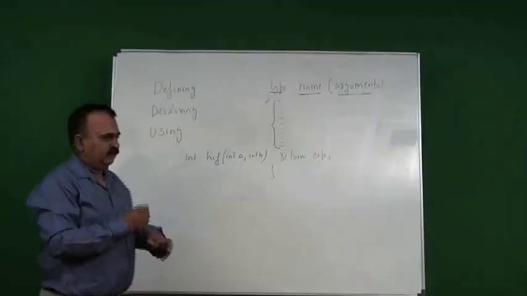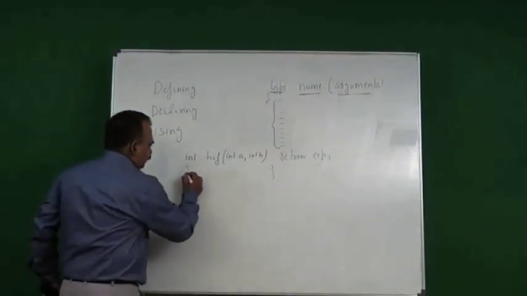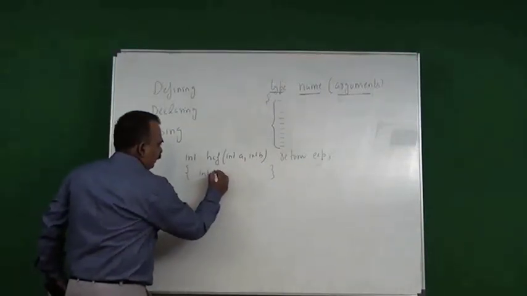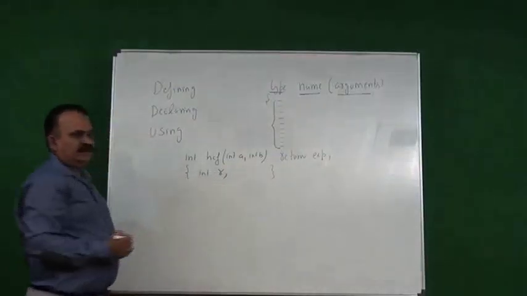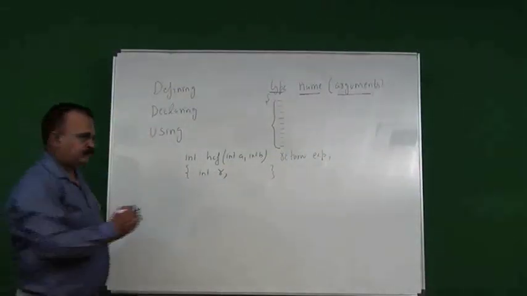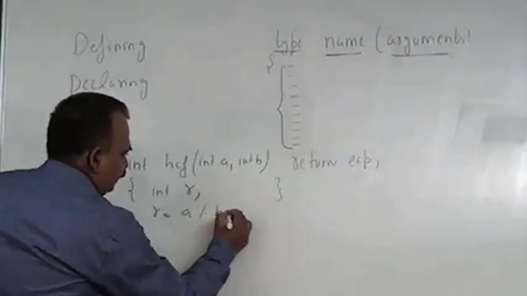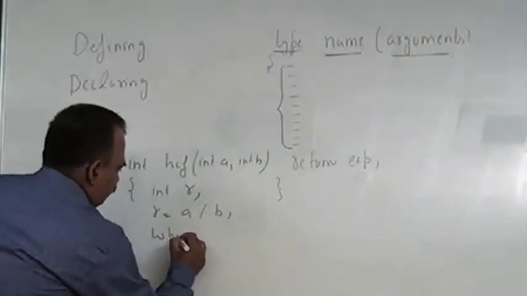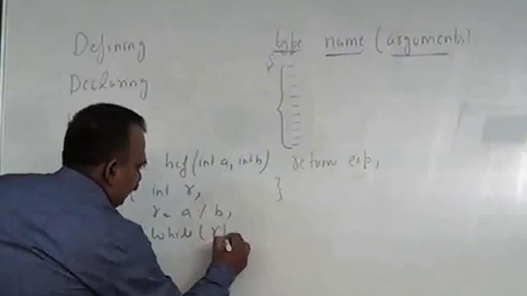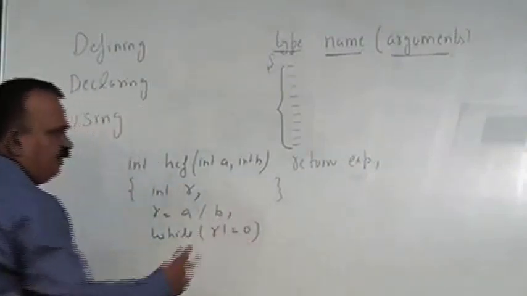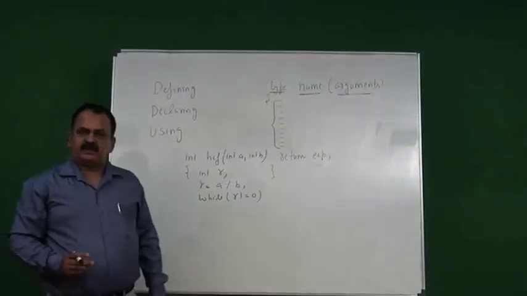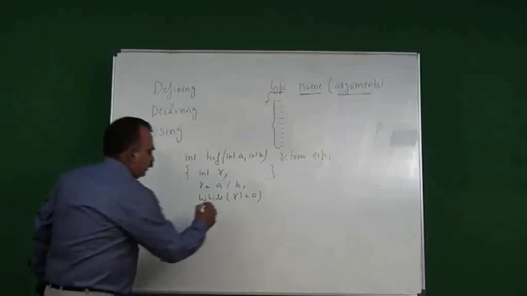Now the logic. This logic will be given in braces. Say R. R is the variable used for the remainder. Logic says R is equal to A % B. Now we calculate HCF by using these steps. The process will be repeated as long as the remainder is not equal to 0.